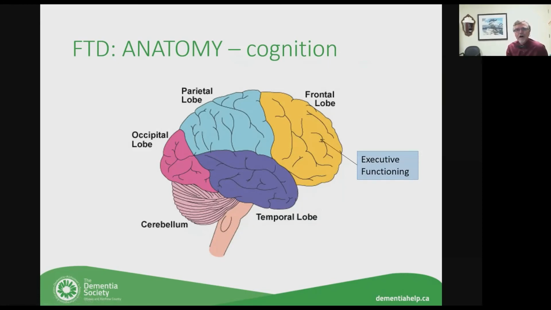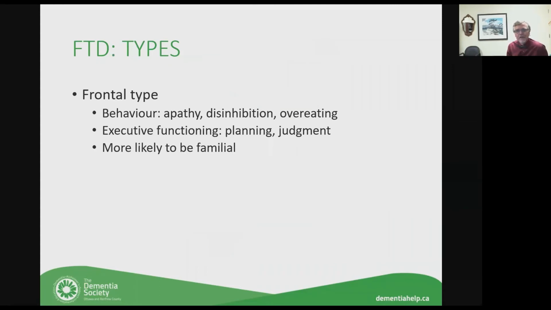It's all the complicated things our brain can do. And we said the temporal lobe is heavily involved in language, also orientation, and some memory. So there are two groups of frontotemporal dementia, and you won't be surprised that one of them is the frontal type. And in the frontal type, we have that loss of executive functioning.